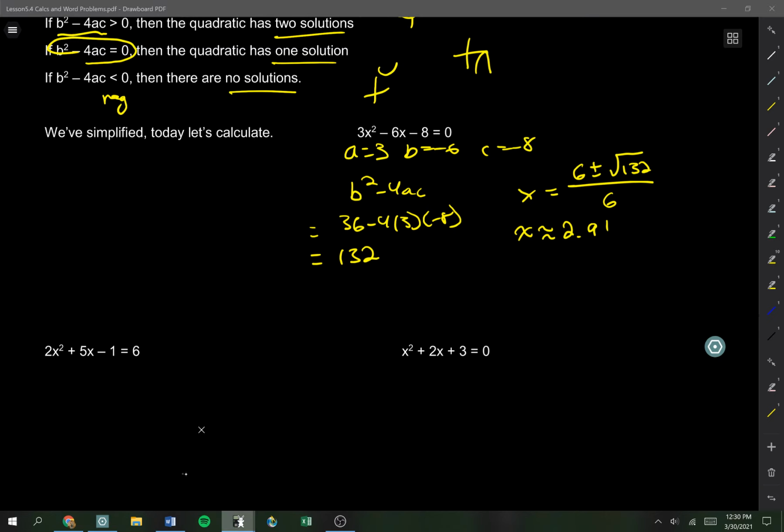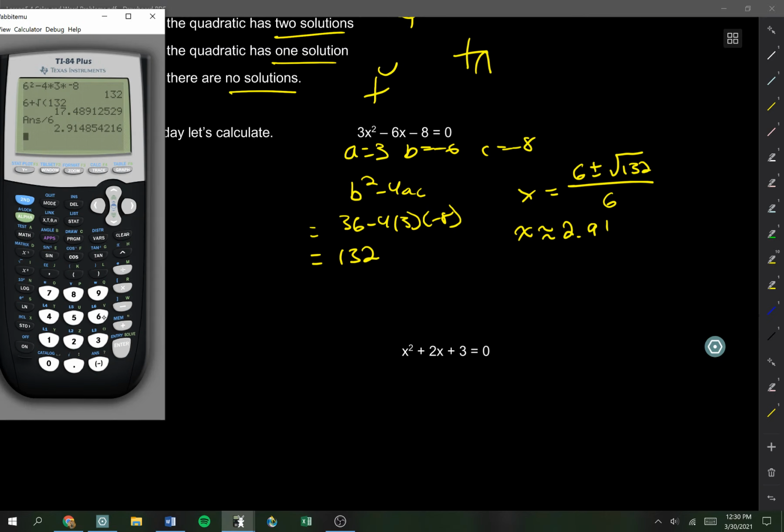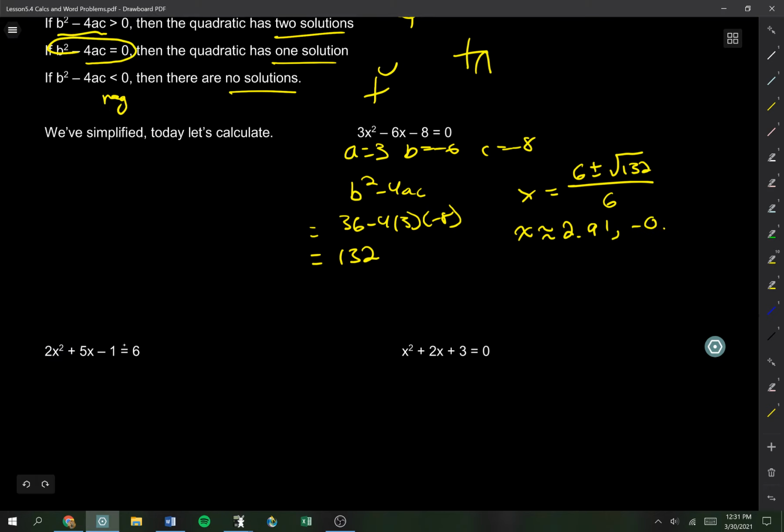Then I do the other one. 6 minus the square root of 132. I press enter. I calculate that first, then divide by 6 again. The other answer is negative 0.914. These are my solutions. About 2.91 and negative 0.91.